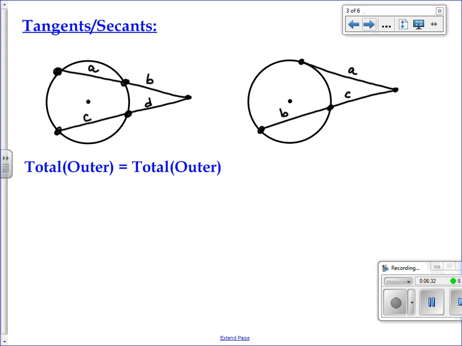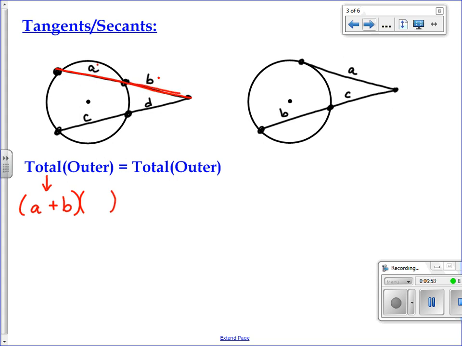If I look at the very first secant that we drew, I'll highlight it in red here. The total length of that is going to be A plus B, because whenever you are finding total length, you add. Now I'm going to multiply that by the outer length of that secant.